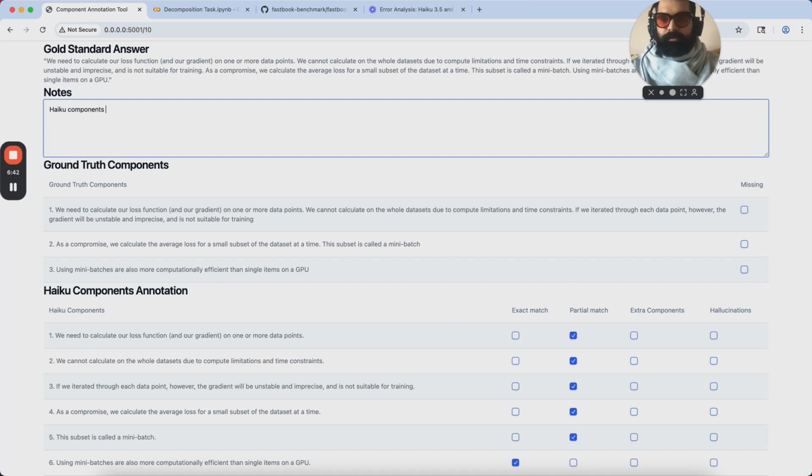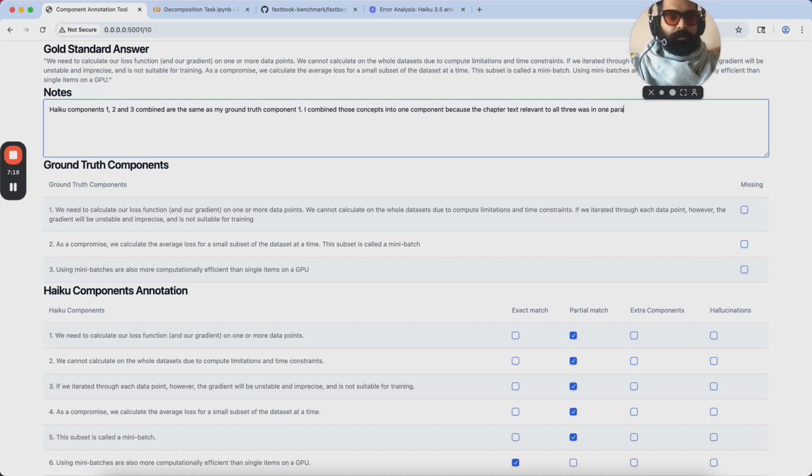So I'll start by saying that Haiku components 1, 2, and 3 combined are the same as my ground truth component 1. I combined those concepts into one component because the chapter text relevant to all 3 was in one paragraph.